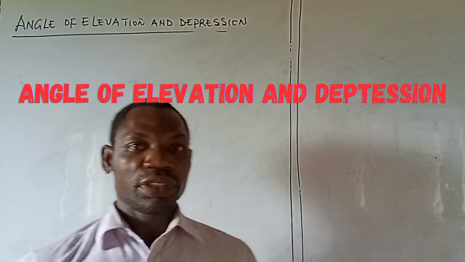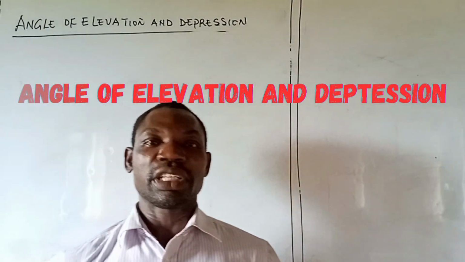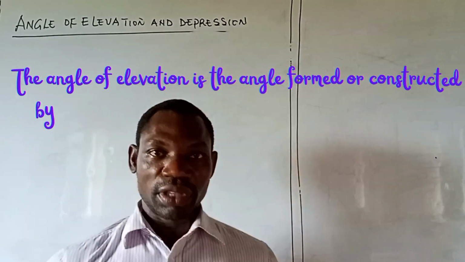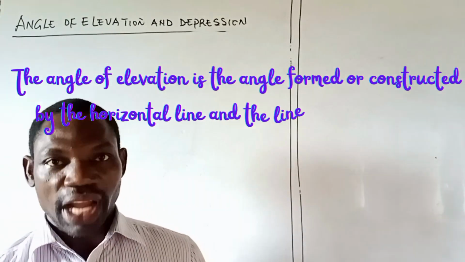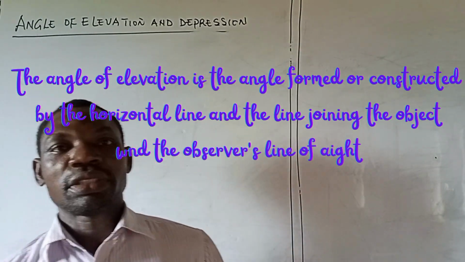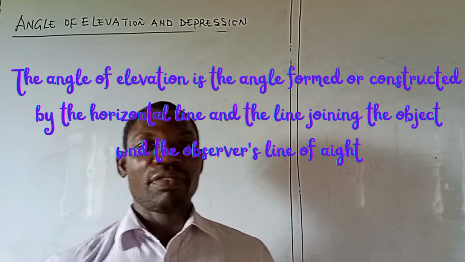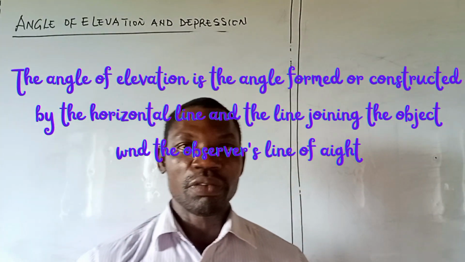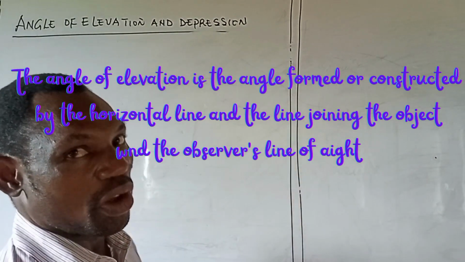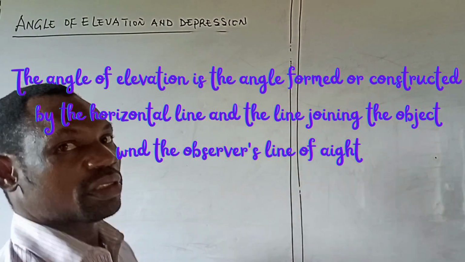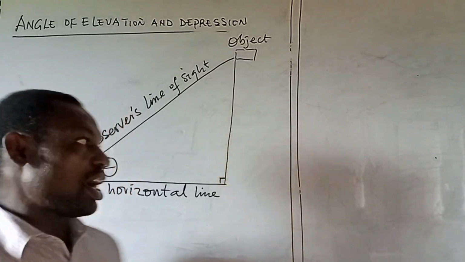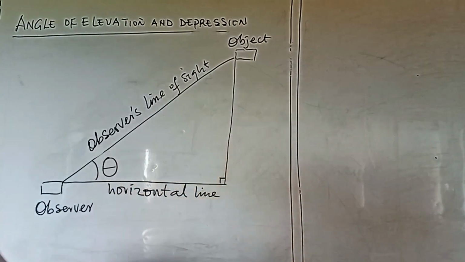The angle of elevation, or the angle of inclination, is the angle formed by a horizontal line and the line joining an object with the observer's line of sight. The diagram below illustrates the angle of elevation. The angle of consideration here is the angle theta.